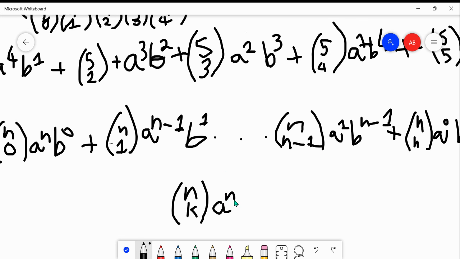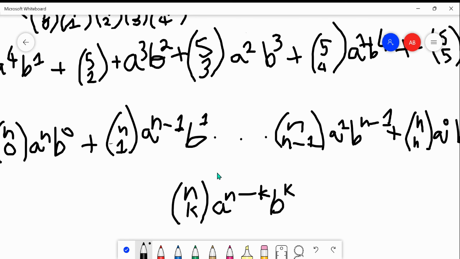Any term in this equation is going to look like this, where the index of the number on the row of the Pascal triangle will match b, and then the row index minus the current number which you are on the row, n minus k, is the power of a. This is the general term, but this is obviously not the answer, because this is just one term. So you've got to just keep increasing the value of k.